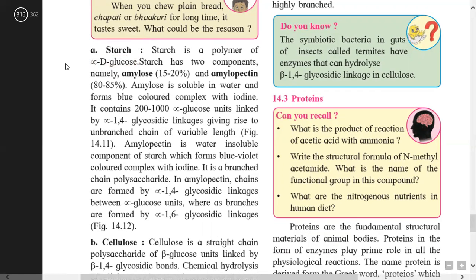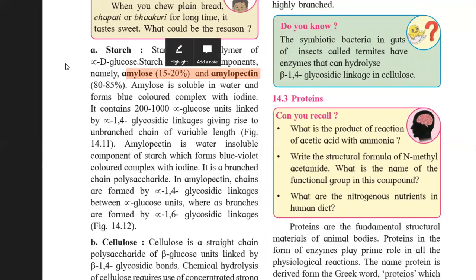Starch is composed of two components, namely amylose and amylopectin. The percentage of amylose is 15 to 20%, and the percentage of amylopectin is 80 to 85%. So the major constituent of starch is amylopectin.